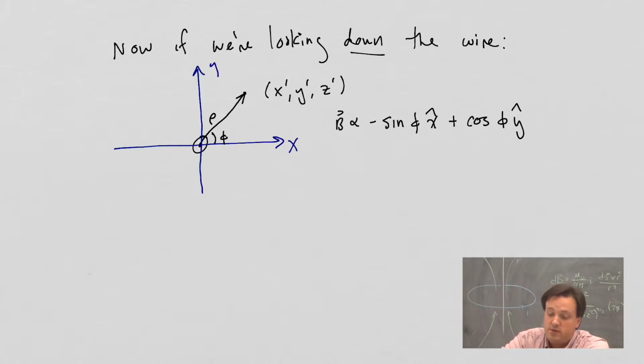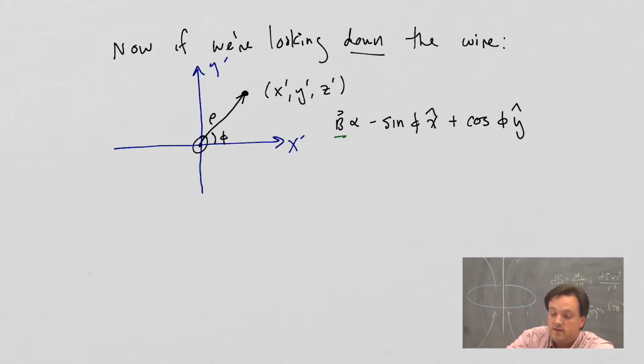So if I am looking at some point in the positive quadrant, so now x prime and y prime are both positive, then my magnetic field is pointing in the negative x hat direction and the positive y hat direction, where the magnitude of those two things are given by the trigonometric identities as minus sine phi and cosine phi.